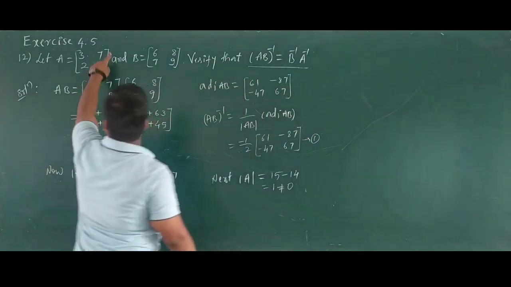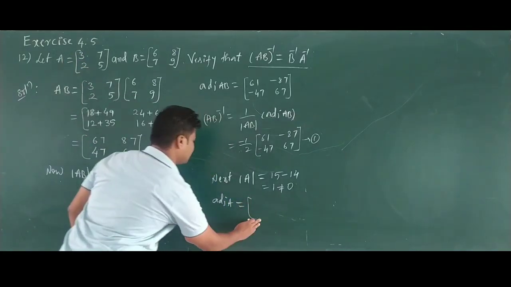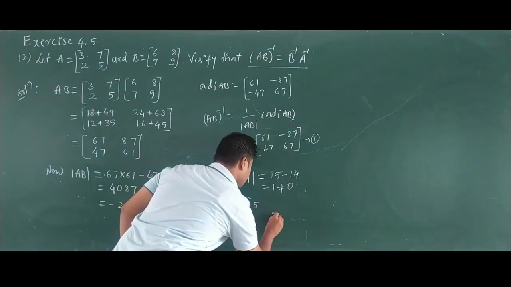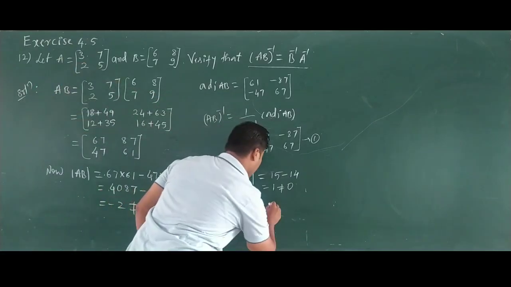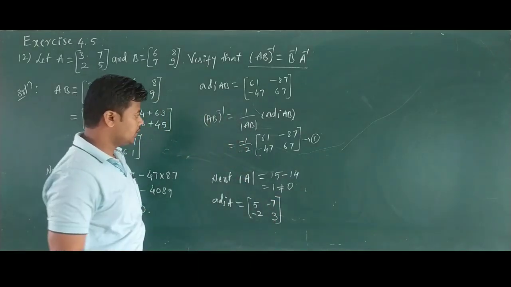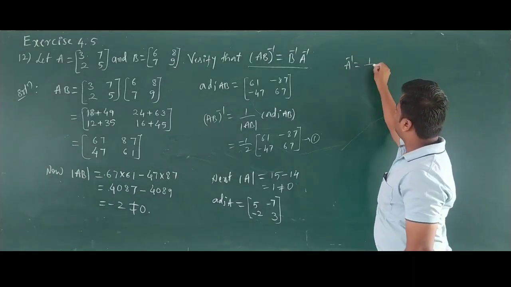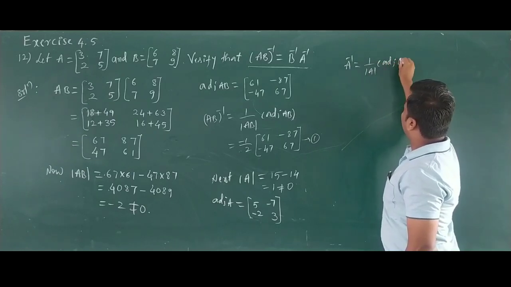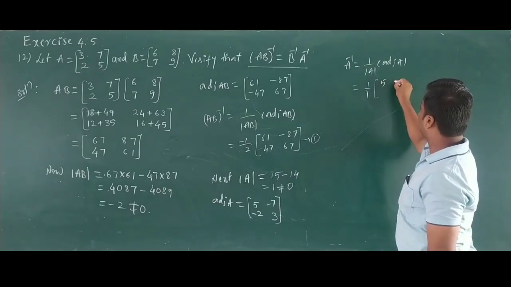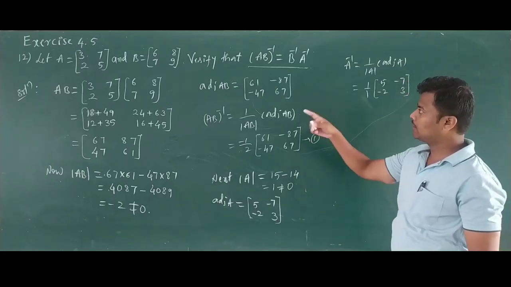Adjoint of A: interchange the diagonal elements, 5, 3, change the sign of the non-diagonal, minus 7, minus 2. So this is your adjoint of A. Therefore A inverse equals 1 by determinant of A into adjoint of A, that equals 1 by 1 into 5, minus 7, minus 2, 3.